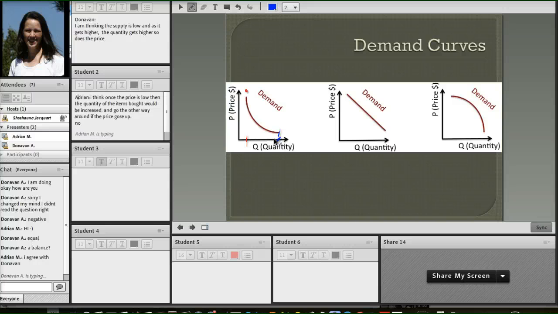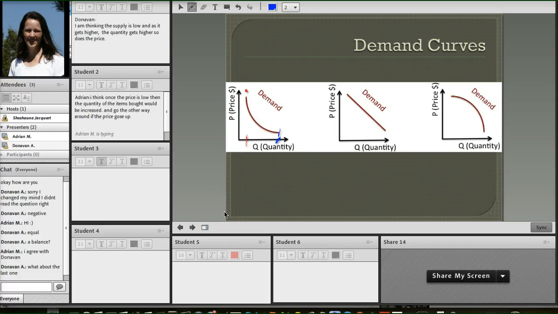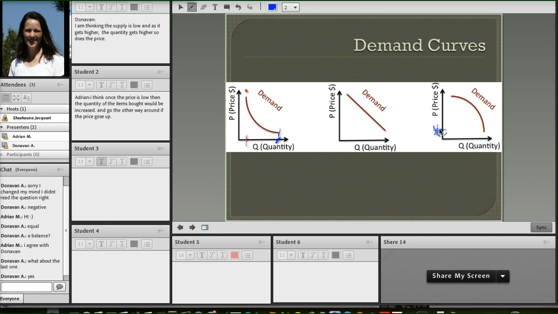And then the market is going to have to find, what about the last one? What is the last? Oh, this last one? It just is a different curve. Are you talking about this over here, the last graph? Okay. All that means is looking at those curves, the first curve is more price sensitive.